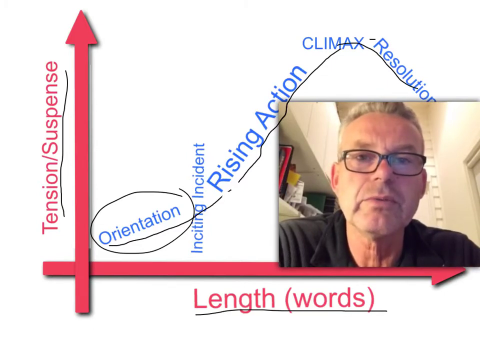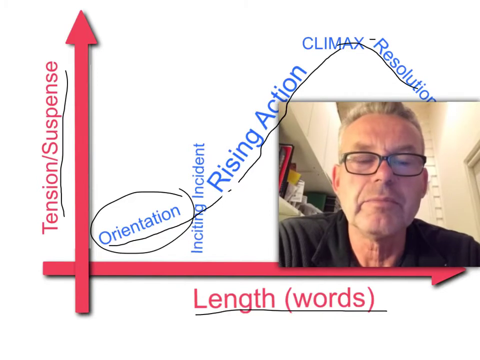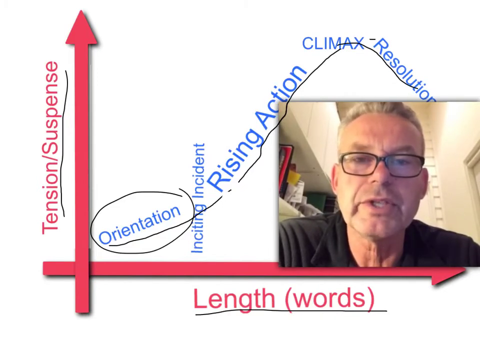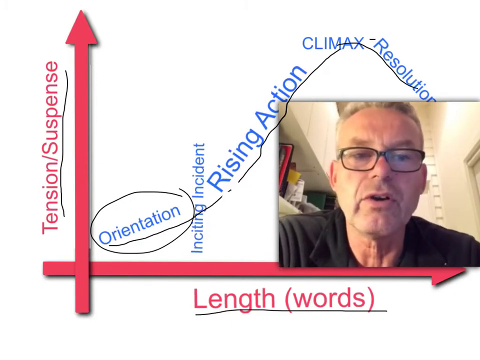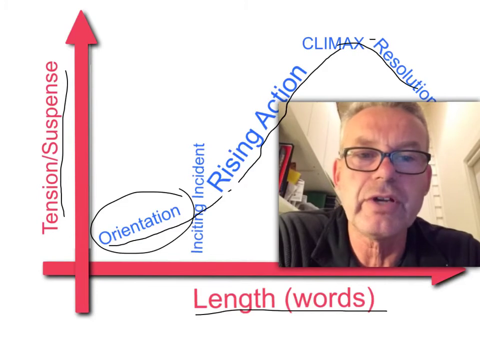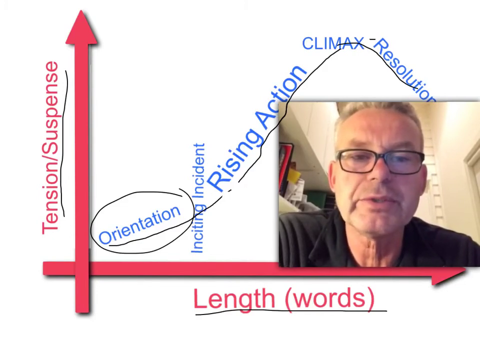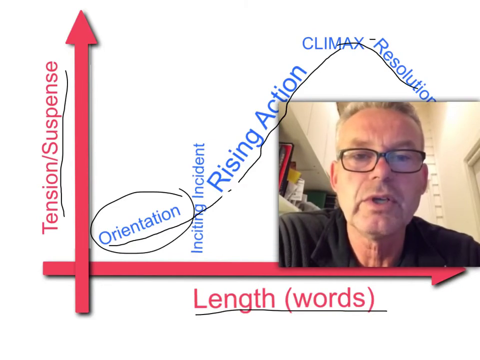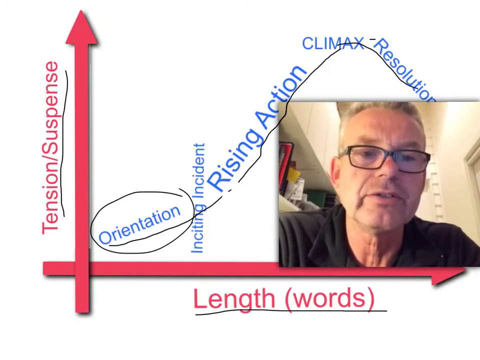In the case of The Werewolf, our protagonist is Little Red Riding Hood. She needs to be placed in quite an unusual environment, one that we're not familiar with, so Angela Carter has to spend extra time working on setting up that world. So her orientation is quite long. But for our purposes, presumably we're going to set our story in a more familiar, contemporary, modern setting, so our orientation is only going to be 100 to 200 words.